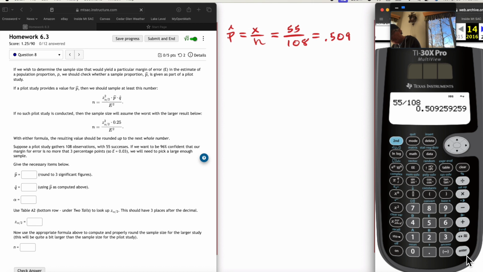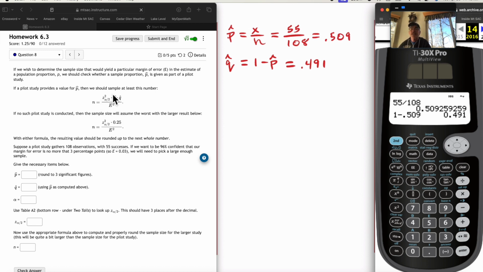And we're going to need the complement. Q-hat is 1 minus p-hat. So that'll be 1 minus 0.509, which is 0.491. So we've got the p-hat and the q-hat.